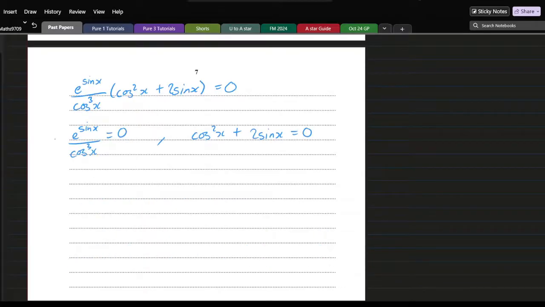So we can actually further split this into two separate equations, but we'd still end up with no solutions because we'd get 1 over cos cubed x is equal to 0, and we'd have e to the sine x is equal to 0. And so dealing with our first equation here, there's no way that we can solve this, so we'd end up with no solutions from here.